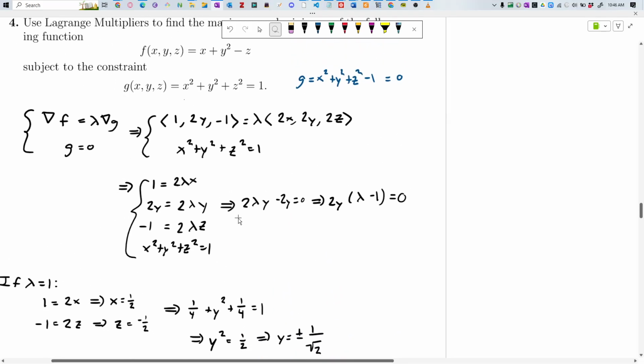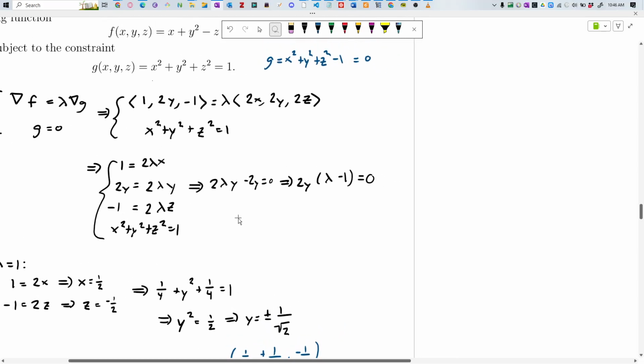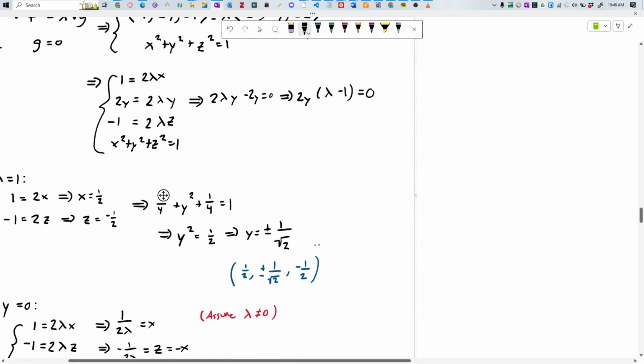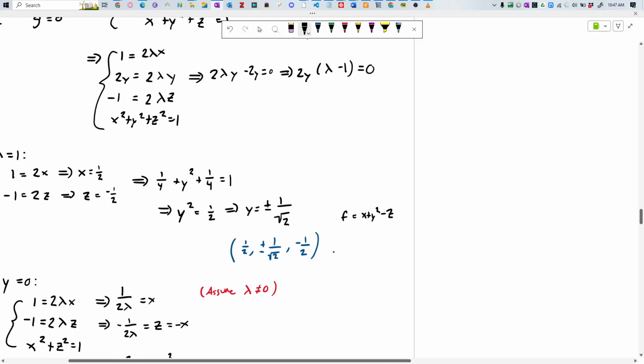Okay, so f is x plus y squared minus z. Alright, I'm just going to kind of abbreviate things.